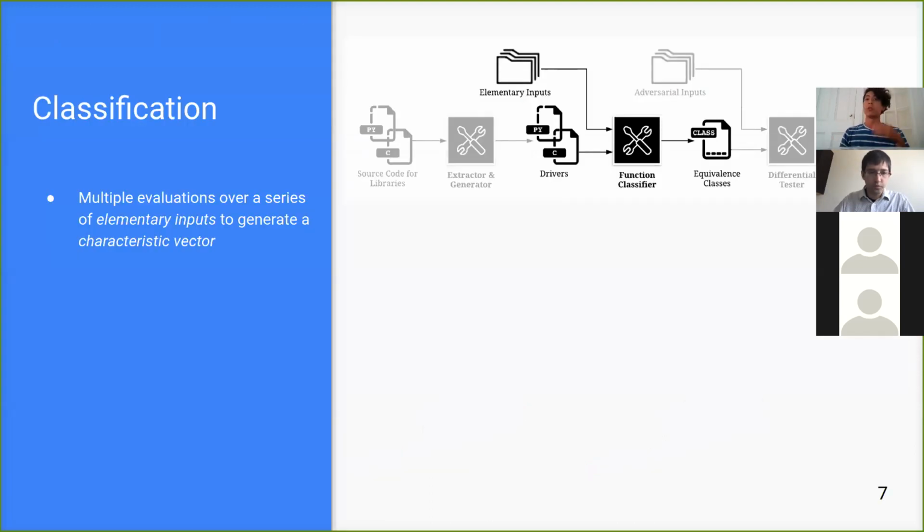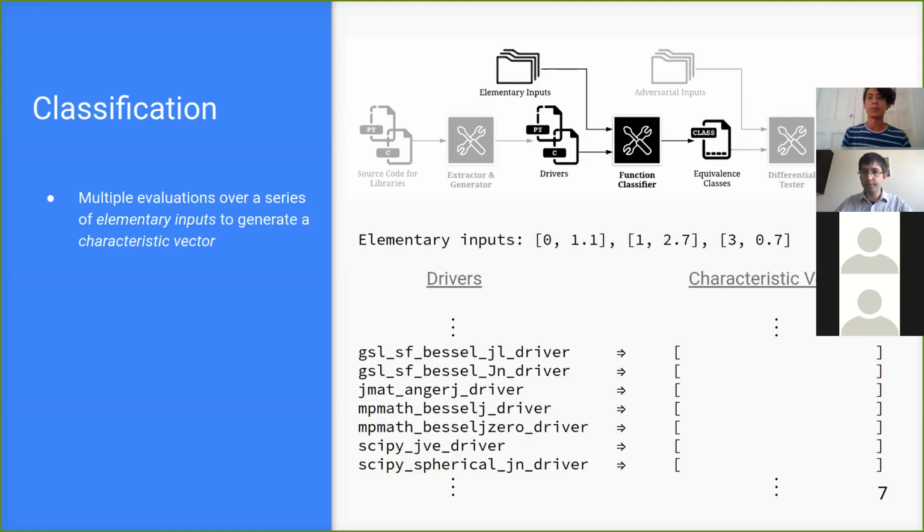Challenge 2, which is finding function synonyms: this function classifier will conduct multiple evaluations over a series of elementary inputs that it also takes as input. We define these elementary inputs to be inputs for which we expect these functions to exhibit well-defined behavior, and ultimately it generates a characteristic vector from these multiple evaluations. To give an example, here we have a set of elementary inputs, which for our experiments we generated randomly and uniformly between 0 and 3.